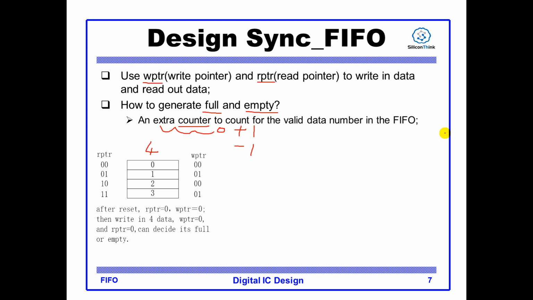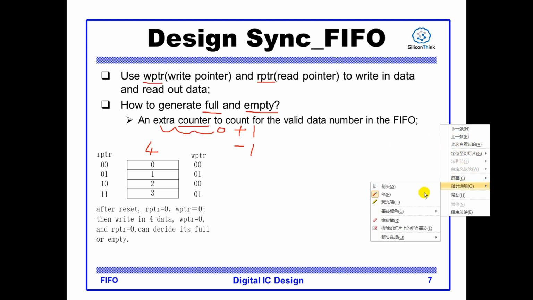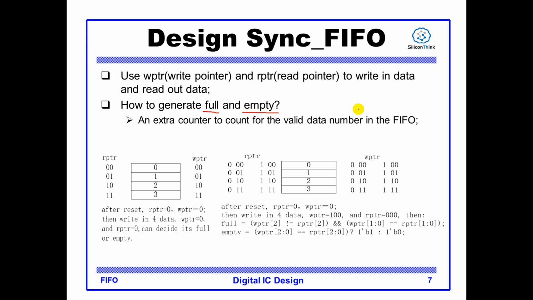Is there any way to simplify the logic? Okay, sorry. Some numbers are wrong in the picture, so I have updated the figure below. Okay, let's go on with the generation of full and empty.